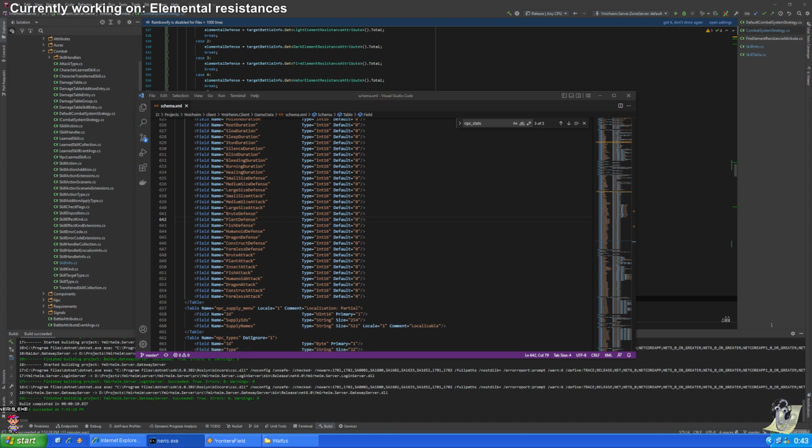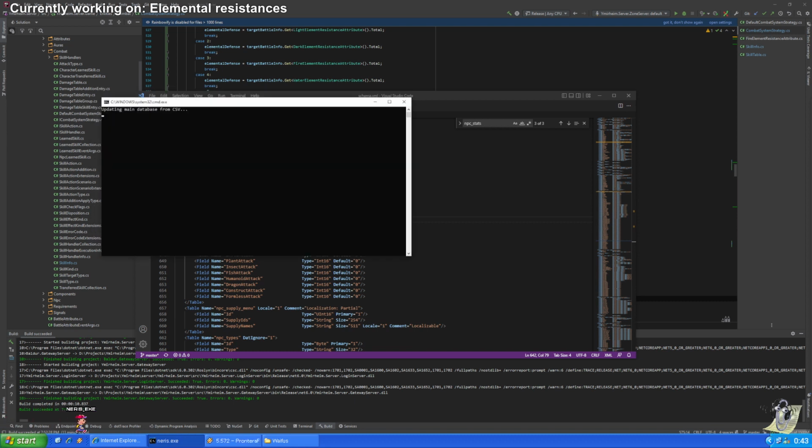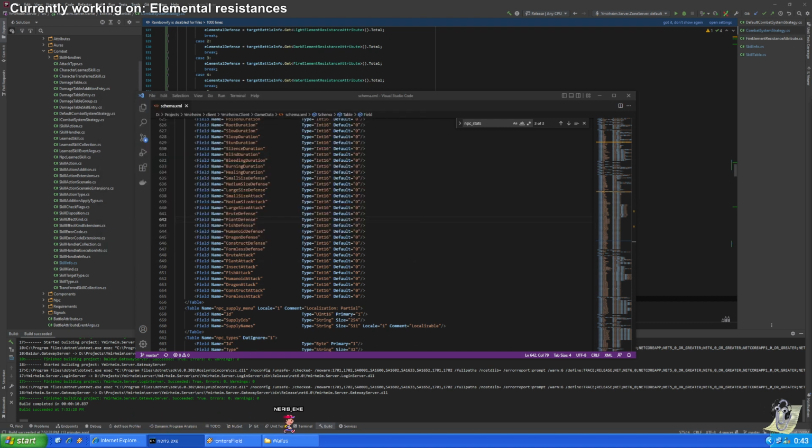So let me push that. So first I need to export from the database so I don't lose my changes, and then import it back into the database. And now it should be signed, yes.